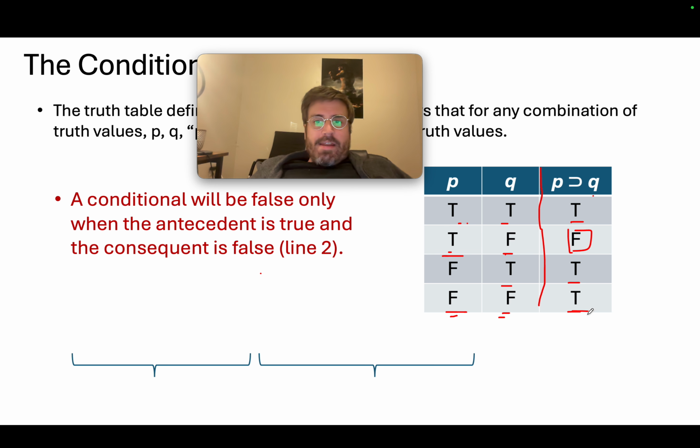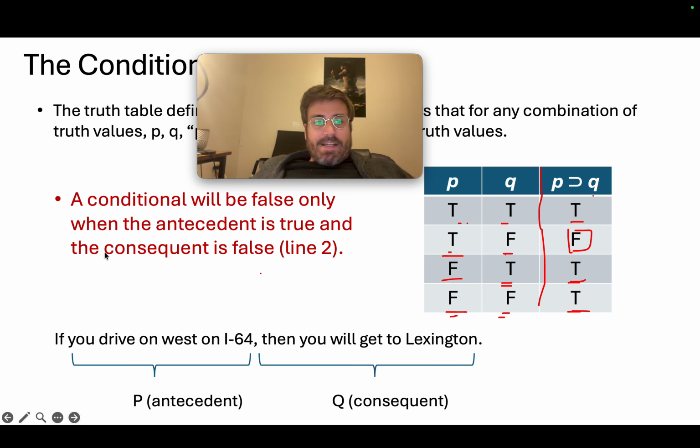But that is actually the case. It is only not working when we have this violation of validity. You can have a false antecedent and a true consequent, and the horseshoe is still true. So it has a different truth value than conjunction, negation, and disjunction.